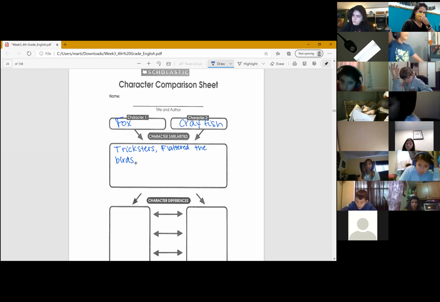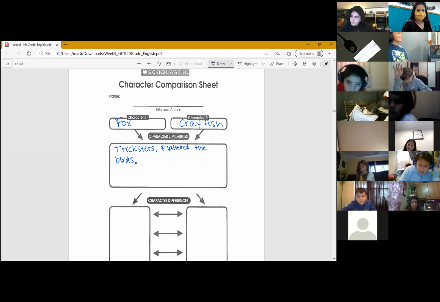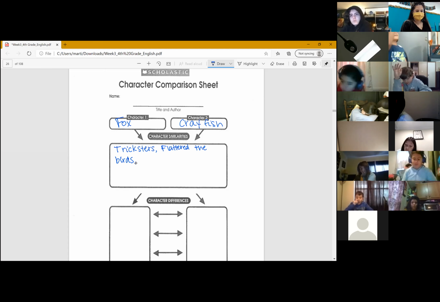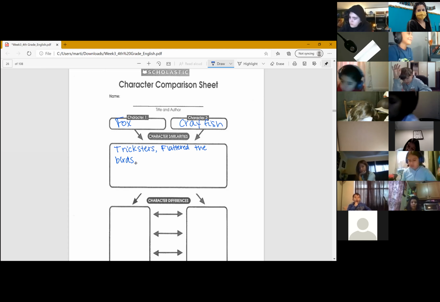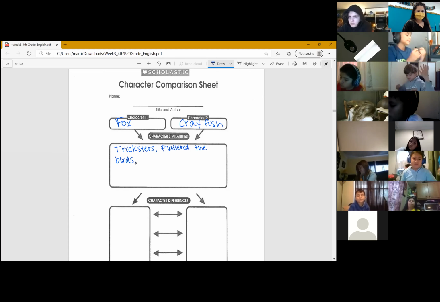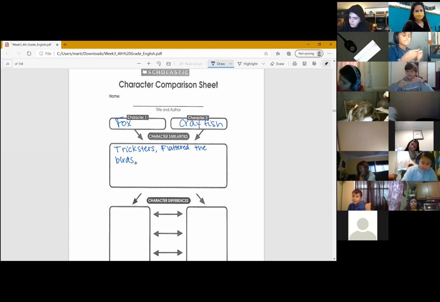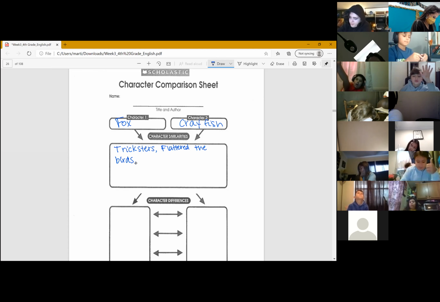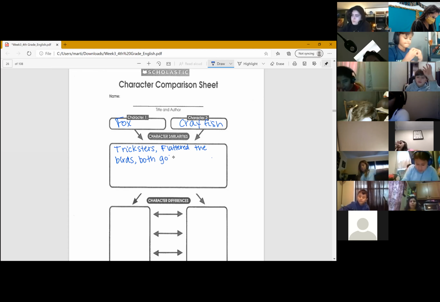What do you think, Olivia? They both got their way. They both got their way, is that what you said? Okay, they both got what they wanted.